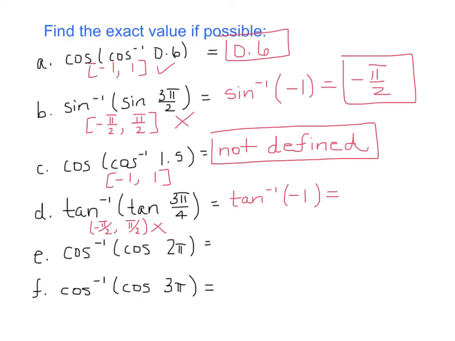And then you look on your circle between the quadrants 1 and 4 for which one will give us a tangent of negative 1. And the only one that will do that is negative pi over 4. Okay?